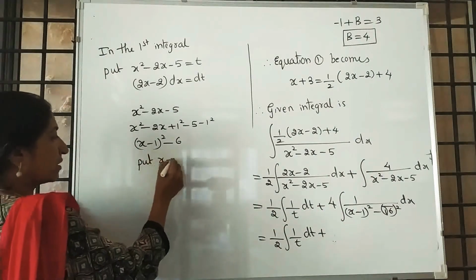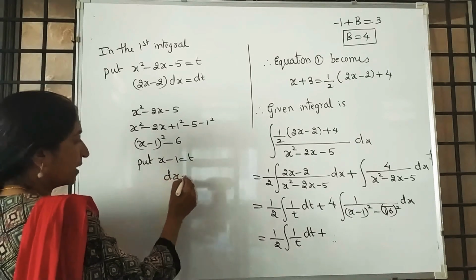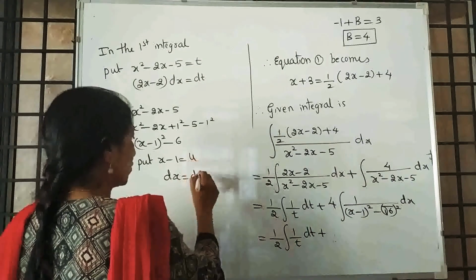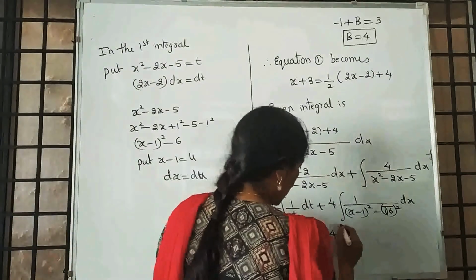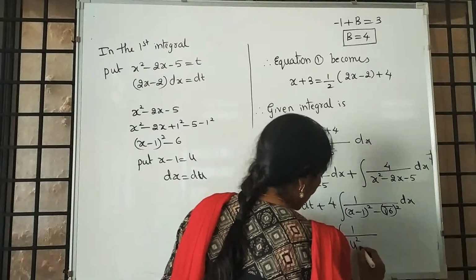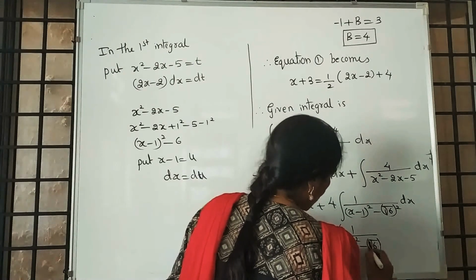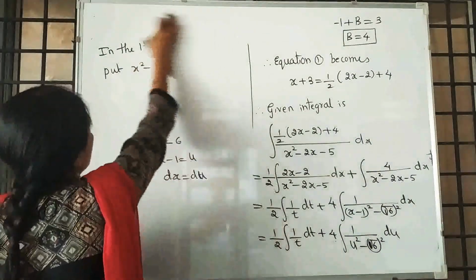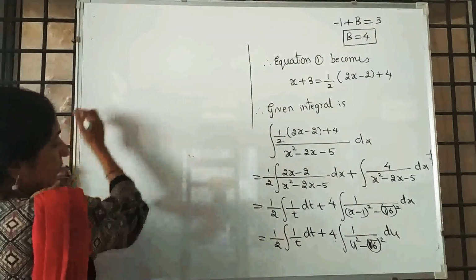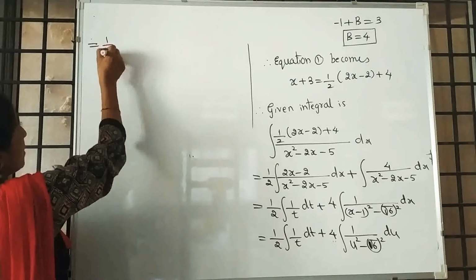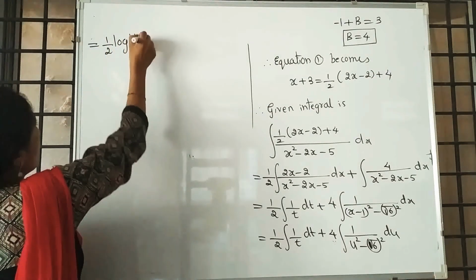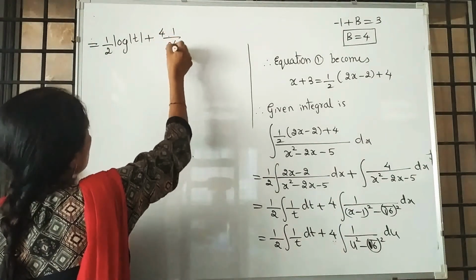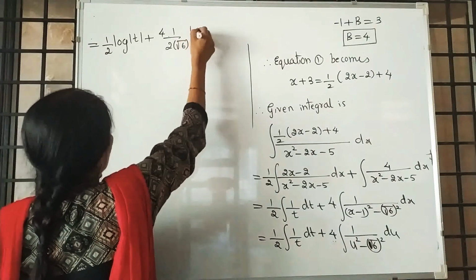Put x minus 1 as t. dx is dt. So not t, u, because t we already used. 4, 1 upon u square minus root 6 square into du. Now write out its values. 1 by 2 as it is, integration of 1 by t is log t, plus 4. It is 1 upon 2a, a is root 6, log of.